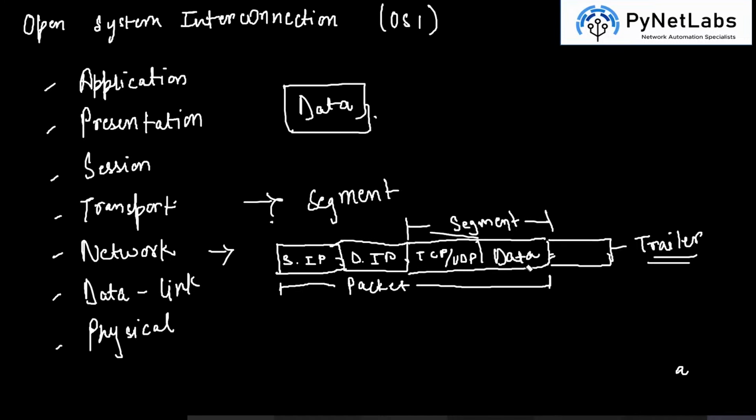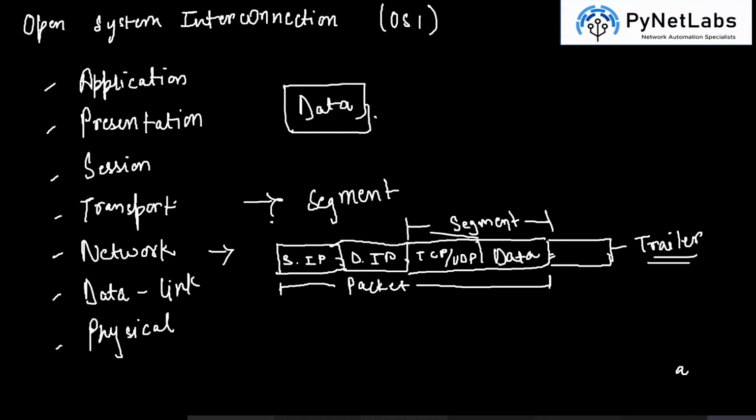The transport layer provides 3 services. The first one is choosing whether UDP or TCP shall be used. After that, it takes care of segmentation of data, so it divides the data into smaller parts.